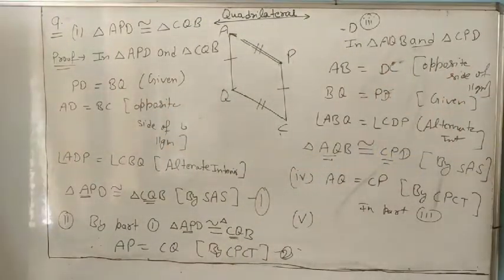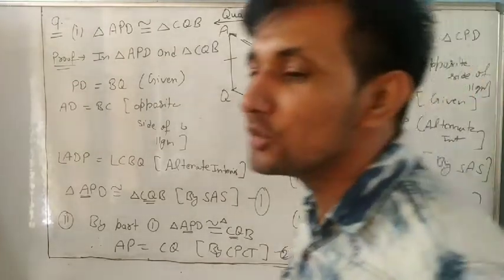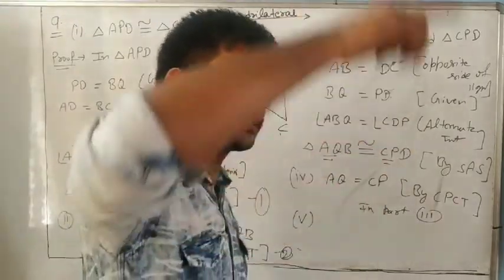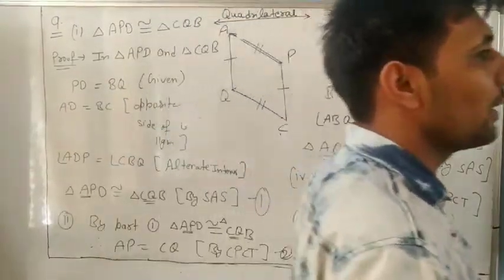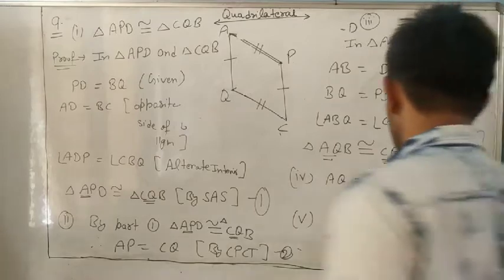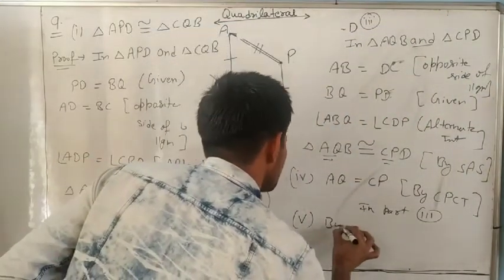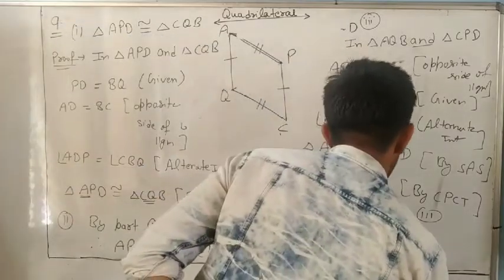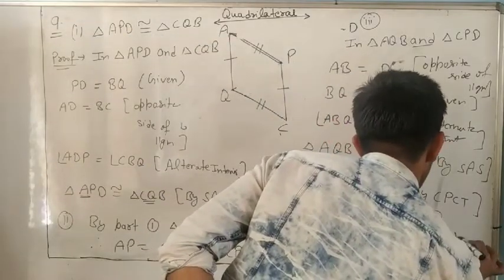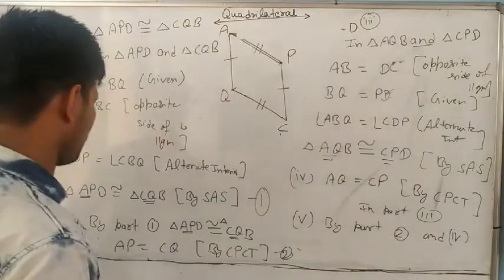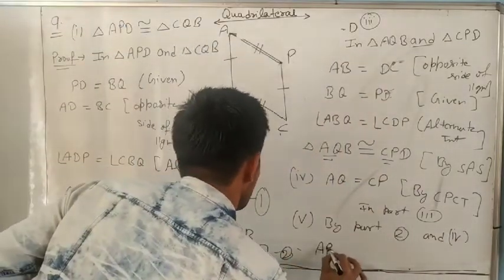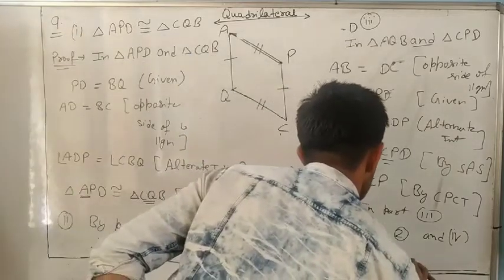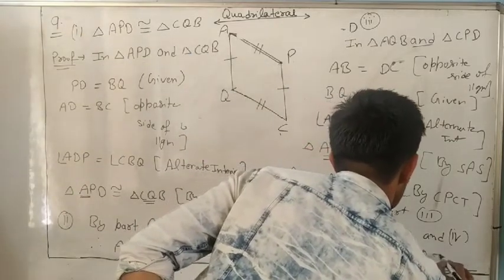If in any quadrilateral both pairs of opposite sides are equal, it is a parallelogram. You can write by part 2 and 4, AP equals CQ and AQ equals CP.